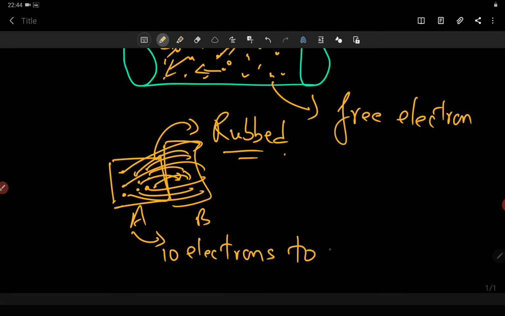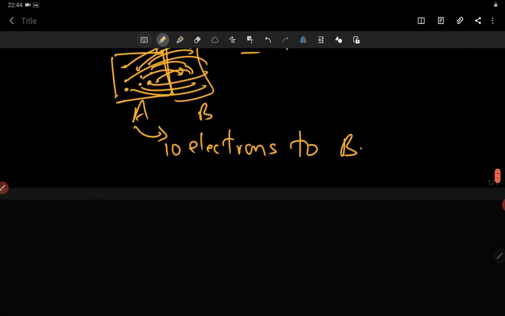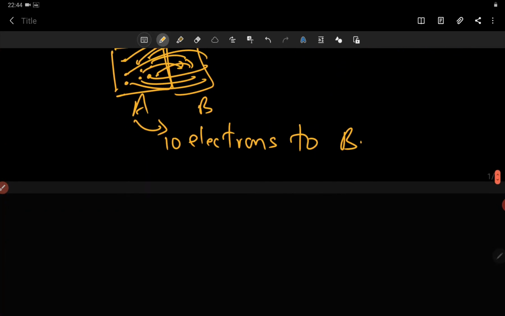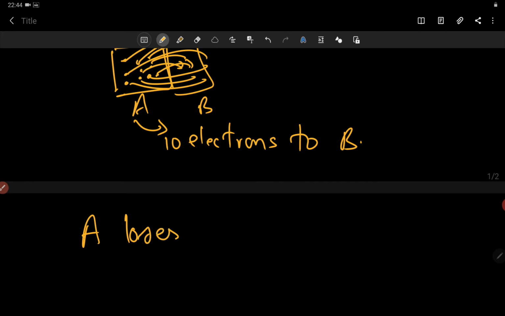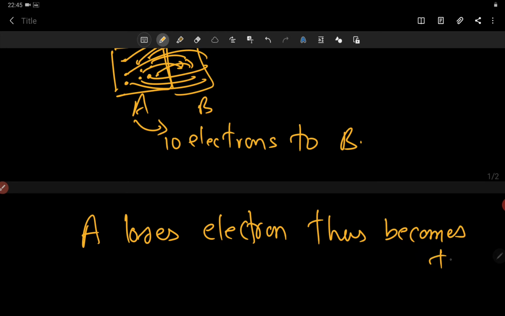Now A has a deficiency of electrons, because the number of protons should be equal to the number of electrons, but these electrons have moved out and reached B. So A loses electrons and thus becomes positive, because it has lost electrons.